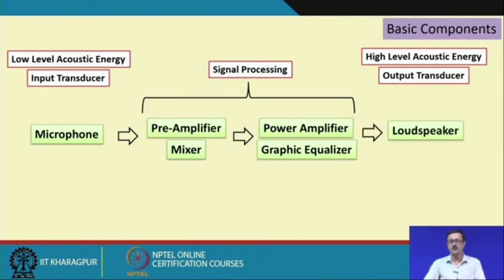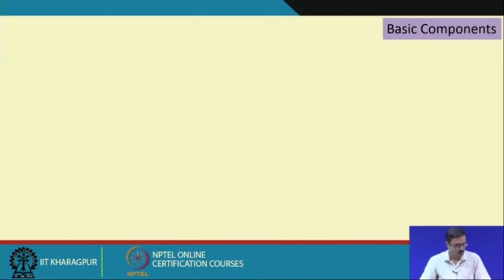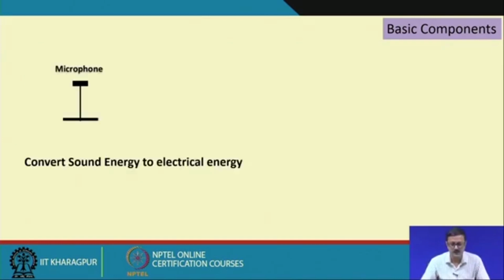And finally, it goes to the loudspeaker, which is the output transducer, and the role of the loudspeaker is just to translate the electrical signals to sound signals once again. I have given this slide as a pictorial presentation.